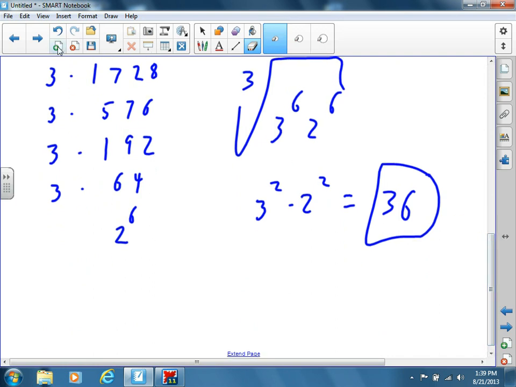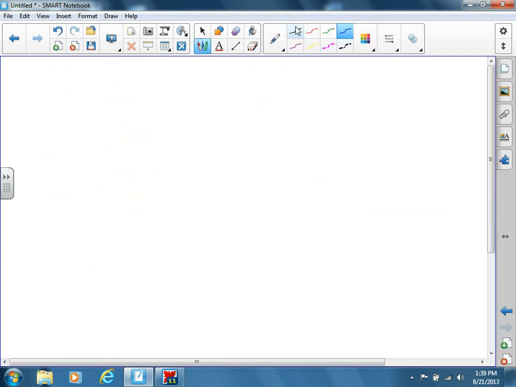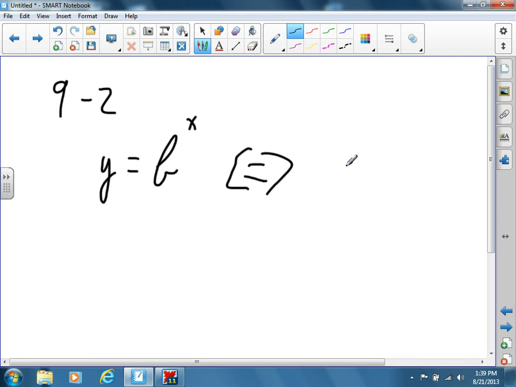All right. Well, things are getting more fun, I can tell. Section 9.2. In 9.2, what we have is, if we have y is equal to b to the x, then this is the same as saying the log of y base b is x.